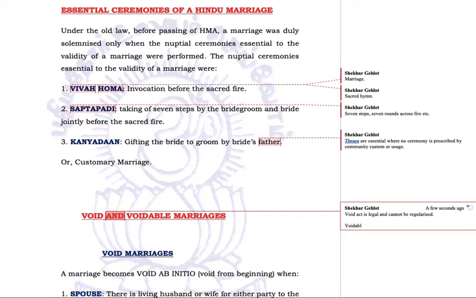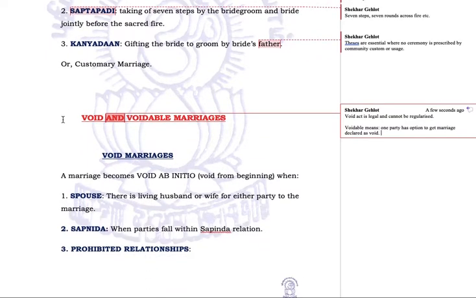Voidable means one party has option to get marriage declared as void. Like in the voidable contracts we discussed. Okay, voidable means avoidable. You can avoid it. One party can avoid it. Okay, the one party who has suffered some loss can avoid that marriage. This is called voidable marriage.